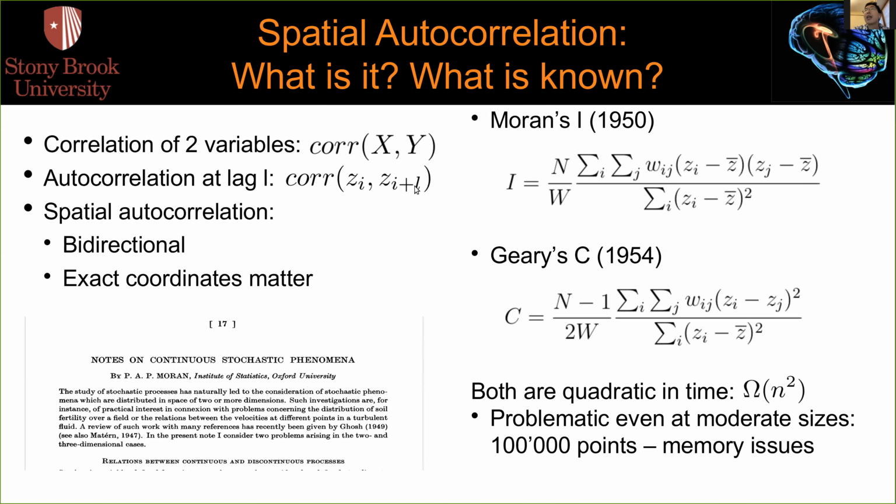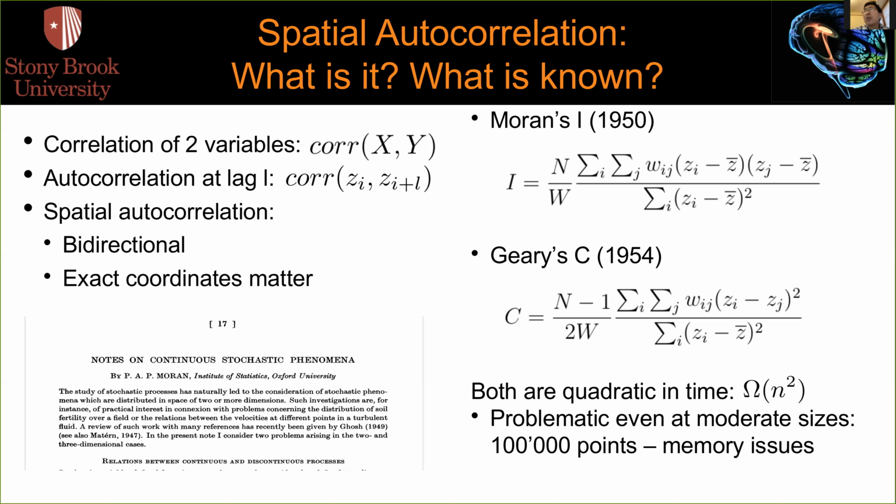So in case of a lag L, it's essentially a correlation of Zi with Zi plus L. Now, how about spatial autocorrelation? Spatial autocorrelation is something that's bidirectional. It's a little bit more involved. In any data where spatial coordinates are present, the exact coordinates matter. So we have to take into account the exact locations of coordinates.